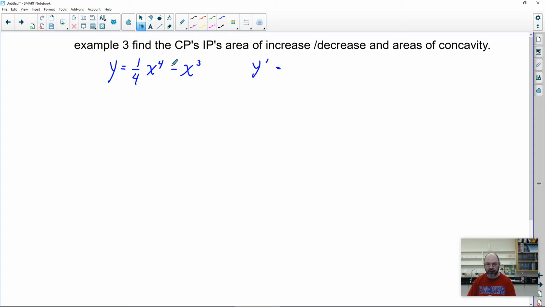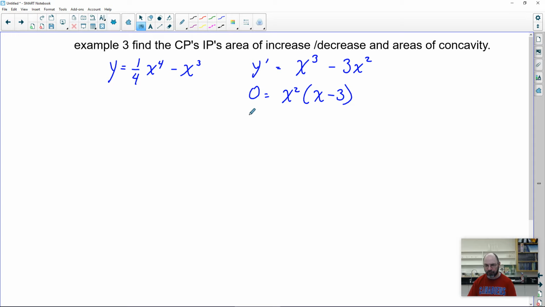So that's 1/4 times 4, that's 1. So this is x cubed minus 3x squared. We're going to set this to 0 to get our critical points, and we take out x squared. This is going to give us x minus 3.